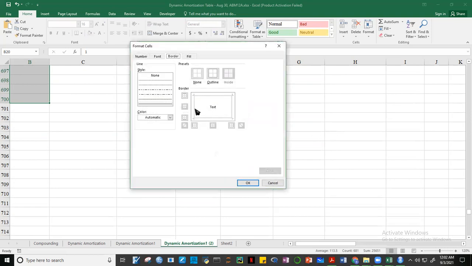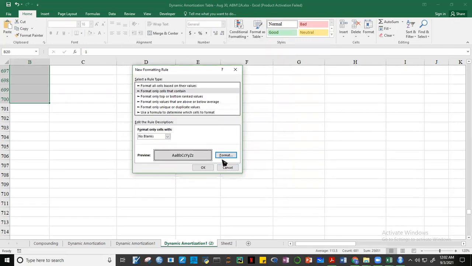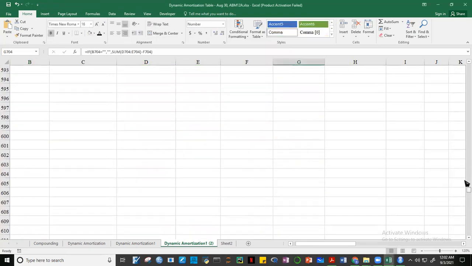Format natin, tapos also ang border ko, gagawin kong solid line here. And then ang fill, gagawin kong gray para medyo separate siya dun sa money column natin. Okay, I'll just use this. So once I okay that, guys, okay.